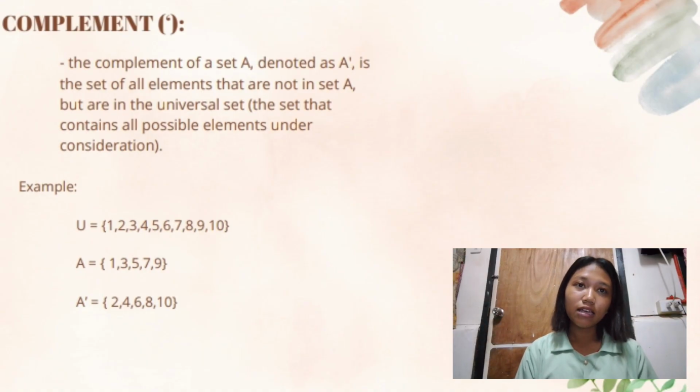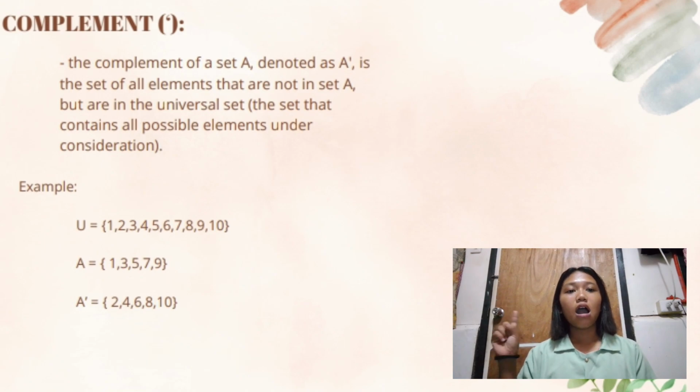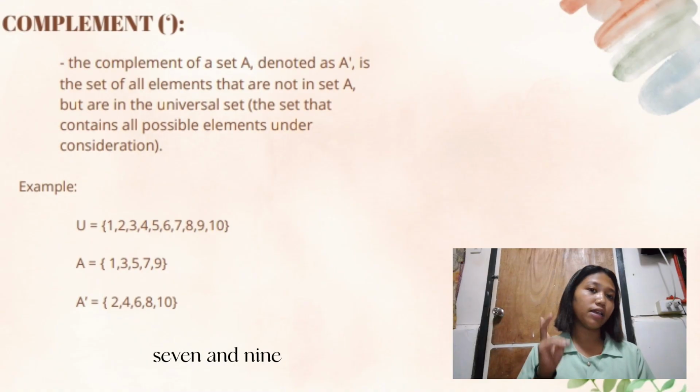Set A is only a subset that contains some elements from the universal set U. So A = {1, 3, 5, 7, 9}.